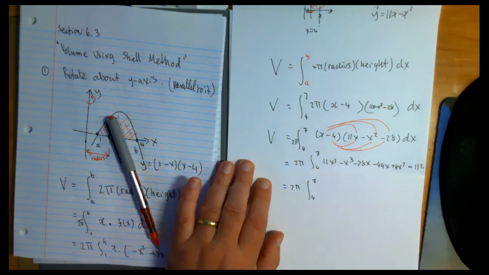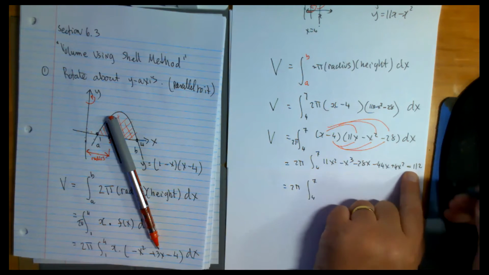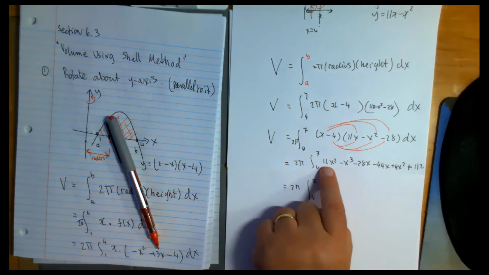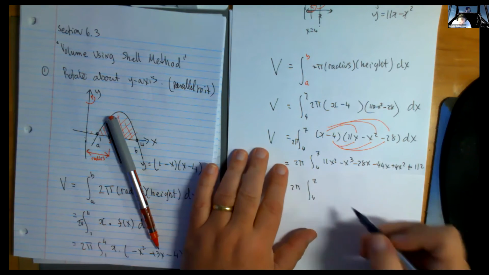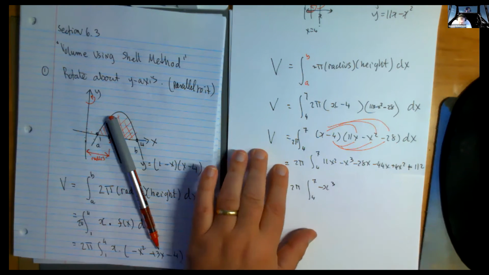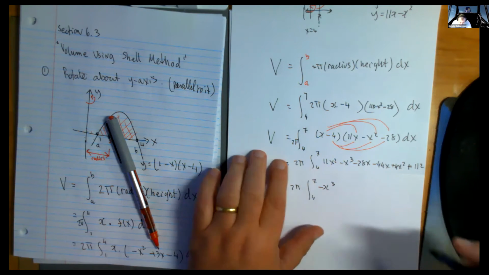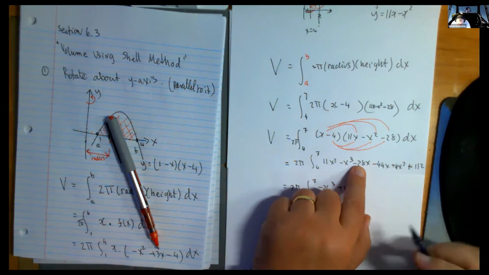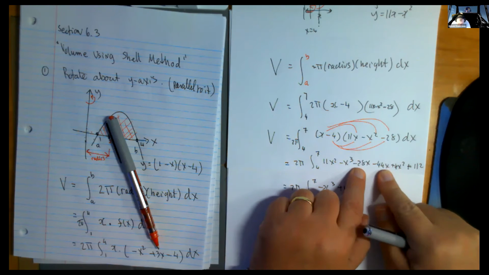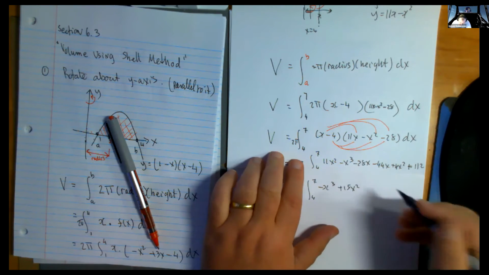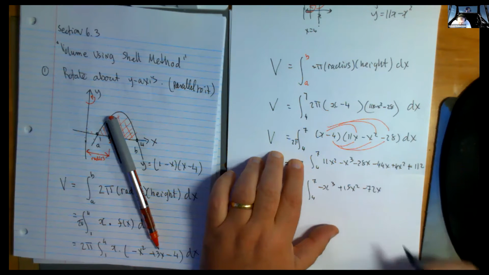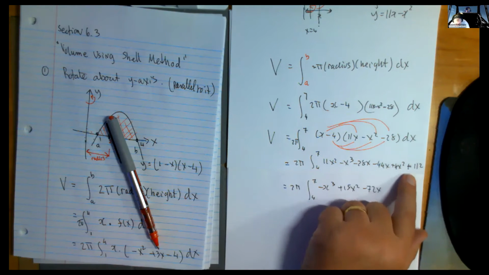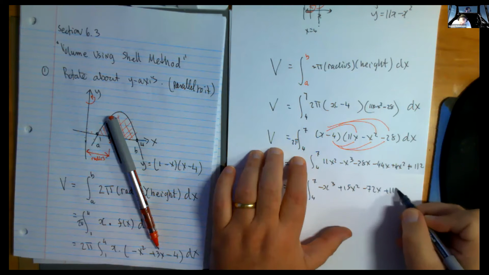Wouldn't the 112 be positive because it's a negative times negative? Thank you. And this fella here is going to be a -x cubed. 11 and a 4 gets me 15x squared. And -28 and this -44 is -72. And last but not least, I believe we have 112.